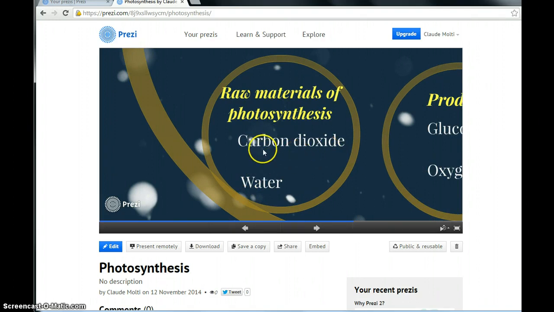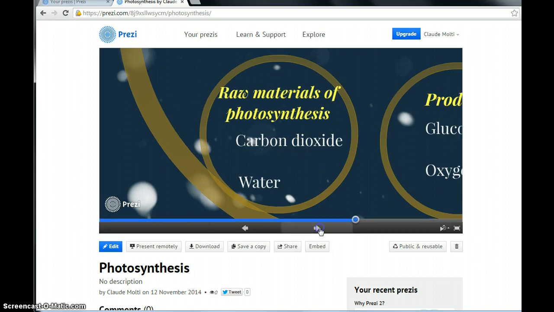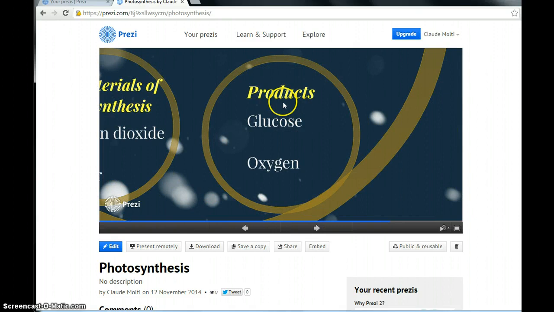Again, you will find these on the left side of the equation. Products or end products you will always find on the right side of the equation, like at the head of the arrow. You will find glucose and oxygen because these are the substances that are made, that are produced.